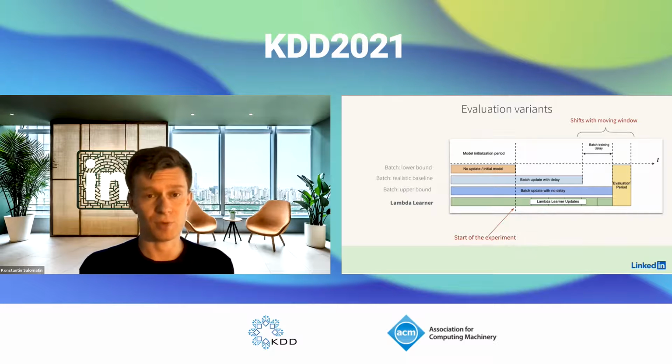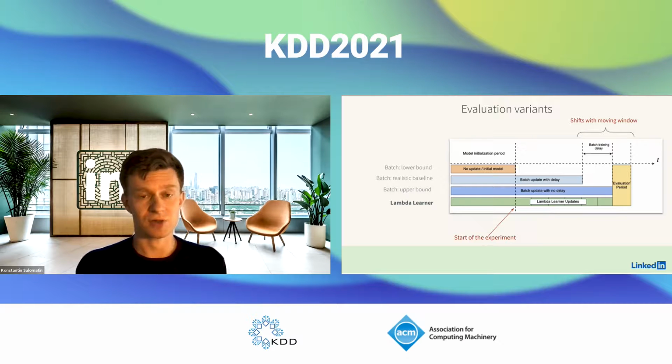Let's go over them one by one. The first one is a batch model that is not updated, and it's our lower bound. The second one is a realistic batch use case. It is updated periodically, but there is a training cost. It is visualized using a gap between training data and evaluation.